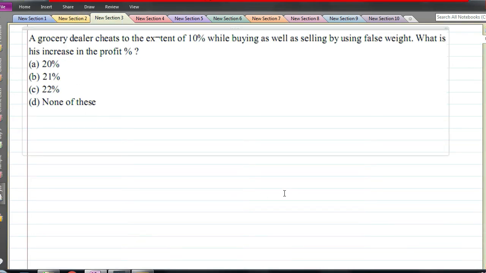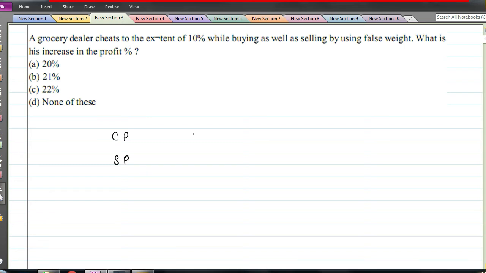Grocery dealer cheats to the extent of 10% while buying as well as by selling. So he is using 10% both while buying as well as selling. What is his increase in the profit percentage? So let us first write down cost price and selling price. Cost price is 100 rupees. He is not claiming to be making any profit.